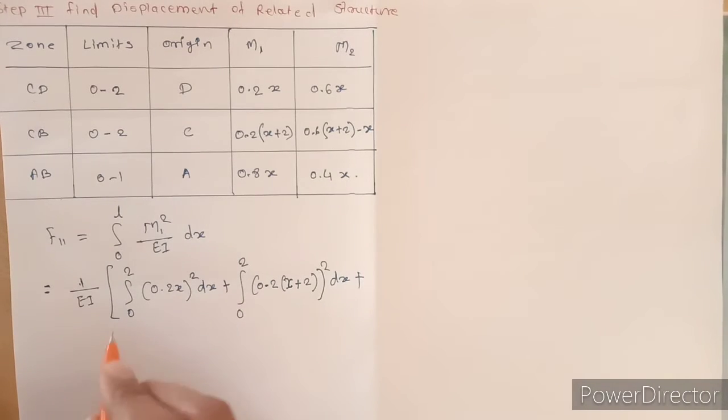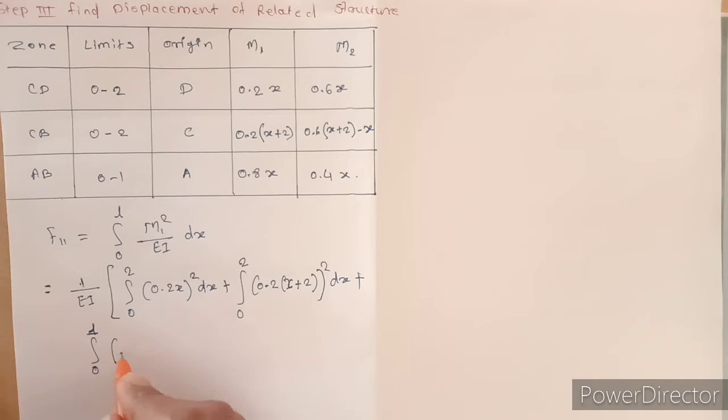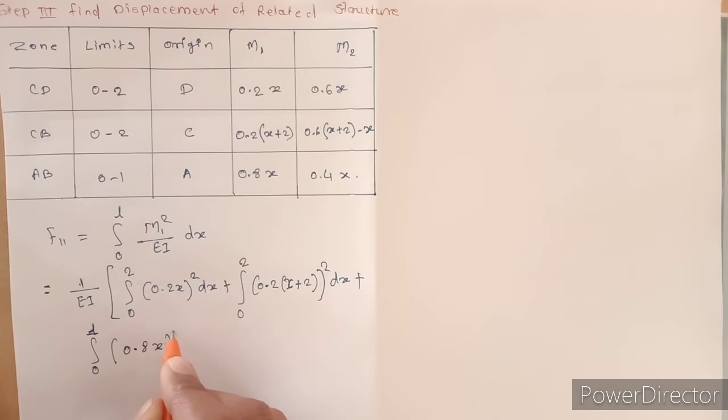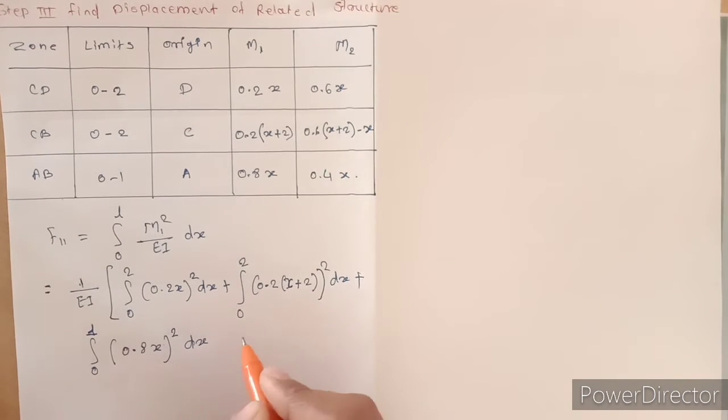So here we take integration, put limit 0 to 1 in bracket 0.8x to the power of 2 into dx, and then solve this integration.